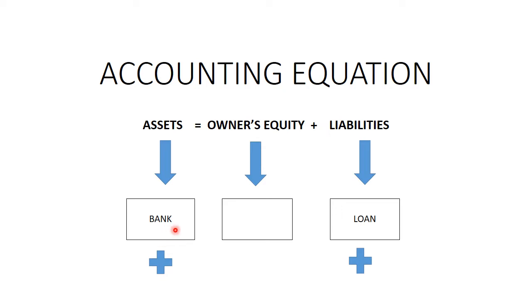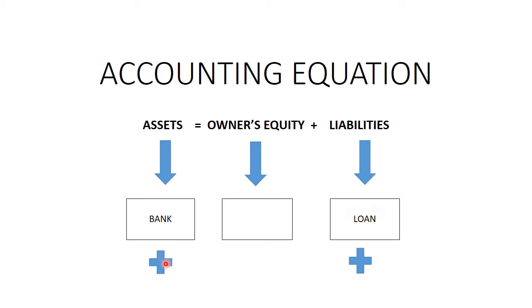For example, when a company or entity applies for a loan or for finance, and receives an amount of loan, two accounts will be affected: your loan account and your bank account. With your bank account, you are looking at your assets increasing, and assets increase on the debit side.